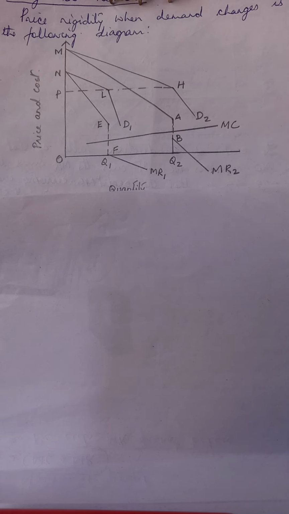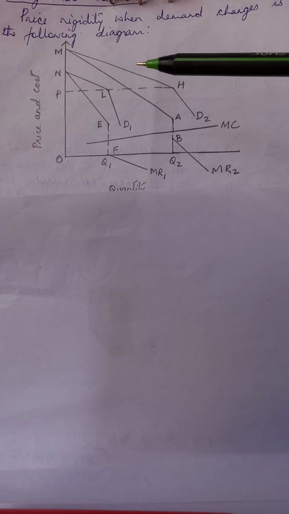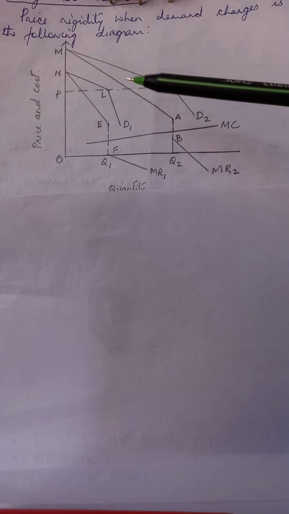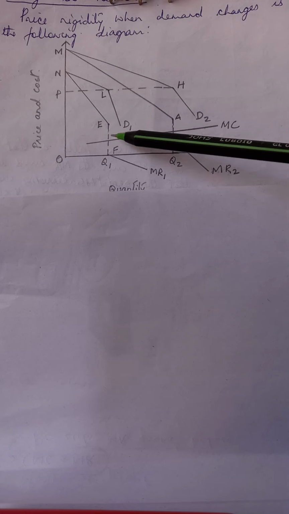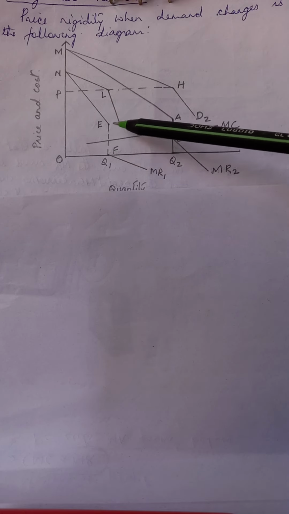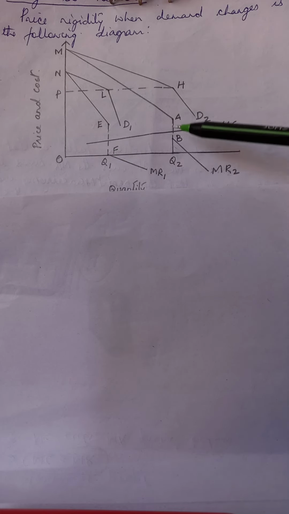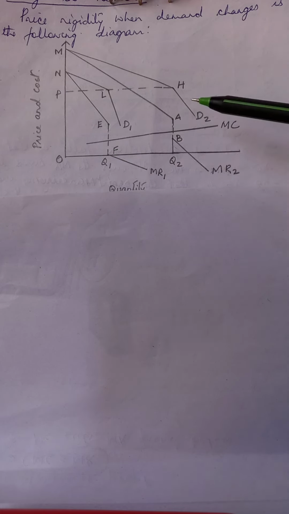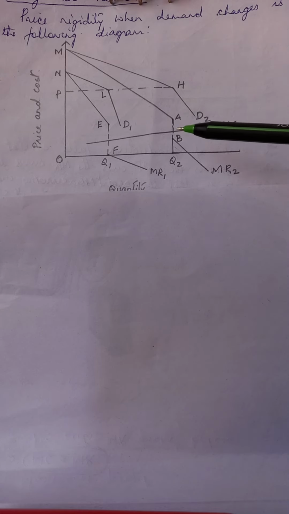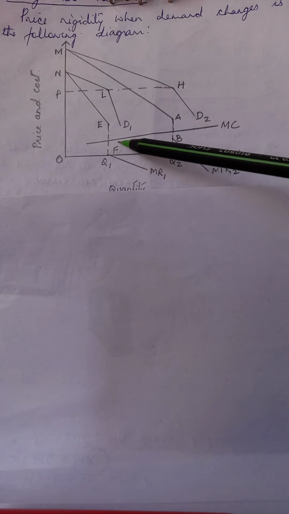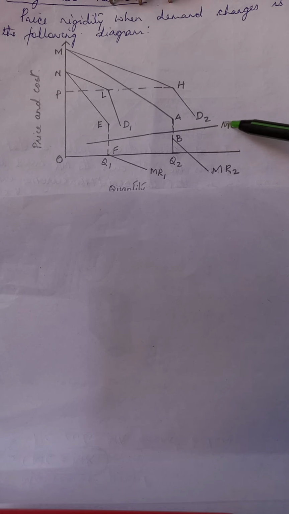Further, if you look at this particular situation after there is a decrease in demand, the gap EF is getting wider, more wider than the gap AB. And again, the marginal cost curve still cuts the marginal revenue curve within the gap.